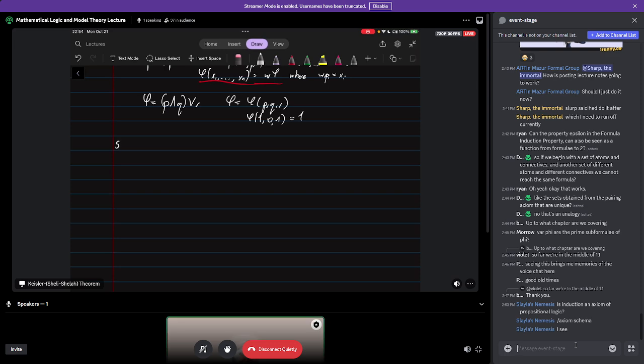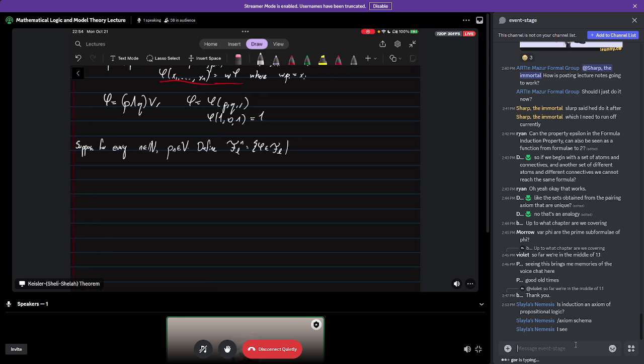Okay. Suppose for every natural number n, Pn is in V. I have some symbol called P sub n. Define F_L(n) to equal the set of phi in F_L, this is just some quick notation, such that var phi is contained in P1 through Pn.